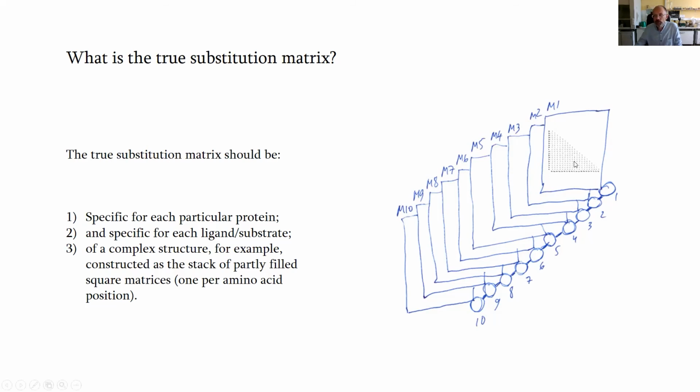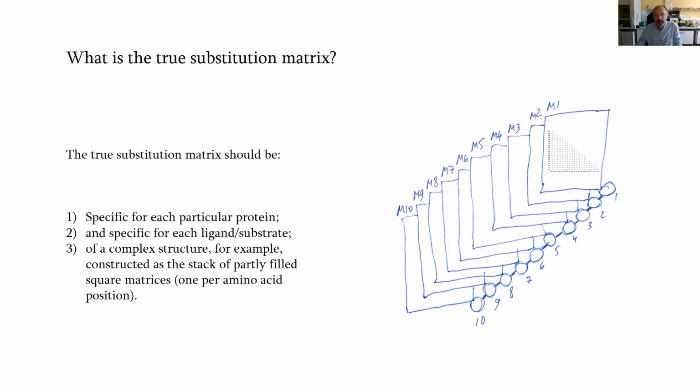Partly filled because, of course, there are prohibited states, but it is the image, or fantasy, of how the true substitution matrix can be built.